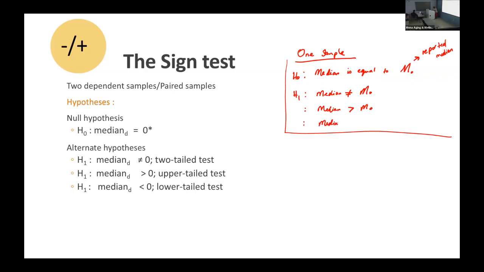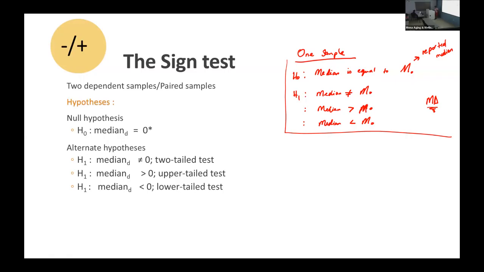And the next one is that median is less than the reported median. So that's uppercase M. The median is often represented as uppercase M, or some books you may see MD. Some books may have that as the symbol for median. Uppercase M or MD.